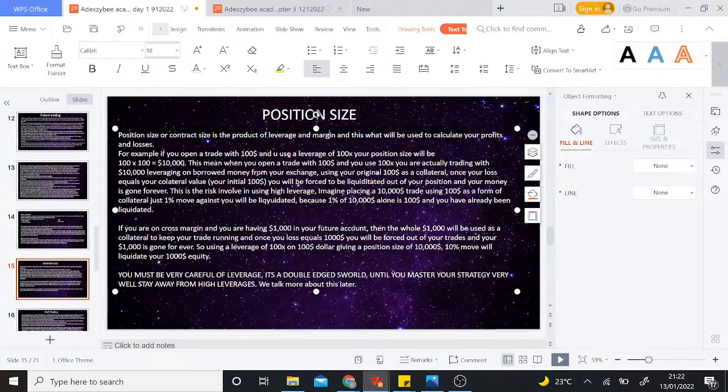Your position size will now be what? $10,000. This means when you open a trade with $100, you use 100x. You are actually trading with $10,000. You are leveraging on borrowed money from your exchange. That means you use just $100, but you have borrowed an extra $9,900 from your exchange. That's what it means.